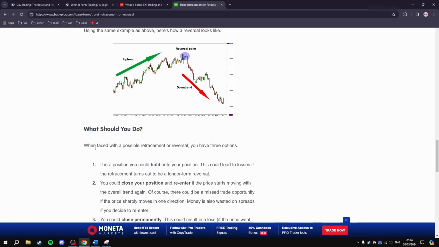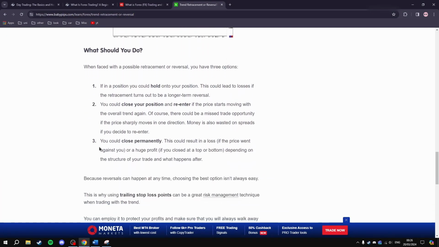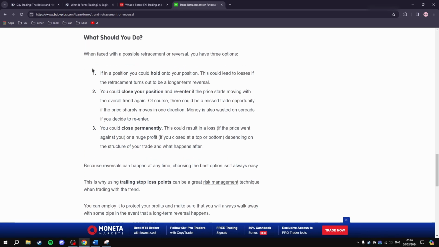What should you do? When faced with a possible retracement or reversal, you have three options. If in a position, you could hold on to your position.